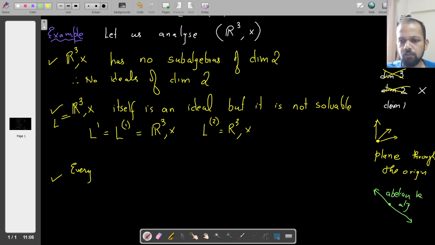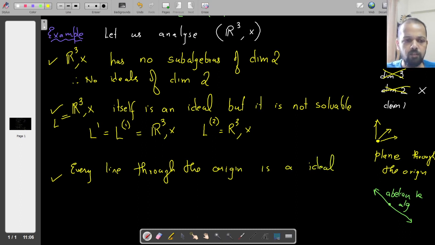The one dimension, you have one-dimensional ideals of R3 with cross product. So every line through the origin is an ideal.